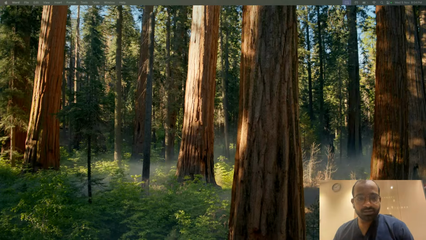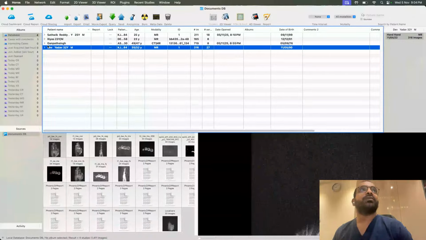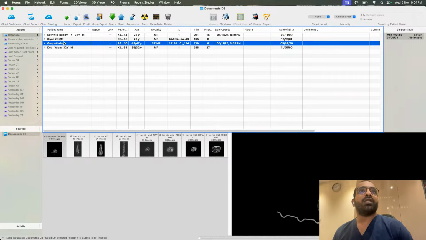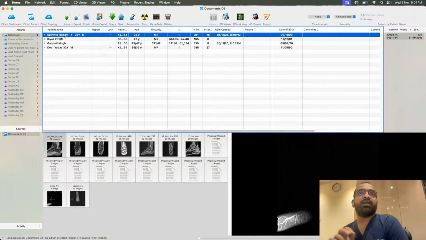Today, I wanted to show you around 3 to 4 cases based on the time. Usually, most of the times, it will be more of a descriptive type of case, and the other 2 or 3 will be straightforward, short cases. So we have one knee joint, one elbow, one hand, and one ankle today.